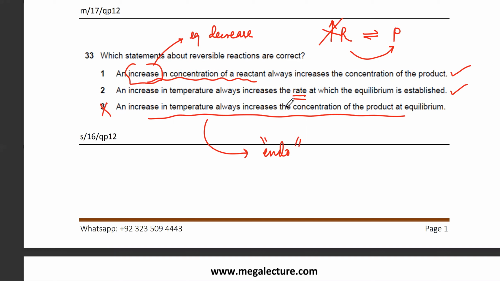The endothermic reaction varies from one reaction to the other. So it's not always going to be the product side that's favored, because we don't know at the moment which one is the endothermic reaction. Which is why the third statement cannot always be correct.